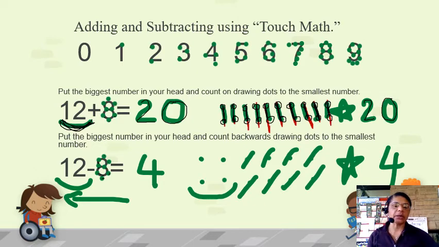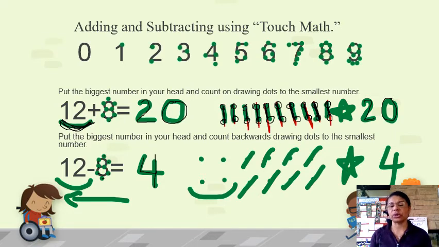Okay, so then I go here 12 and I count backwards. 11, 10, 9, 8, 7, 6, 5, 4. The answer is 4. Again, I'm not too sure about that.